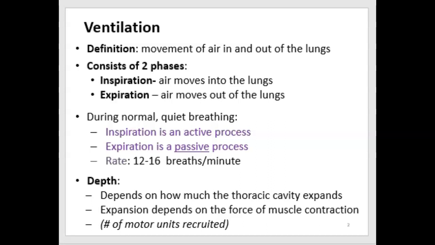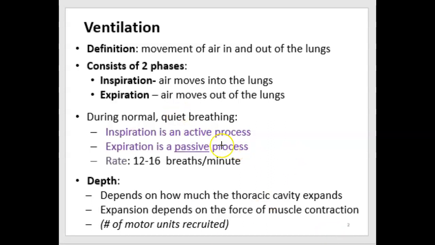During normal quiet breathing, we perform these two phases approximately 12 to 16 times a minute. So that's a normal breathing rate, 12 to 16 breaths per minute. And each breath consists of both an inspiration phase and an expiration phase. So air moving in and out.